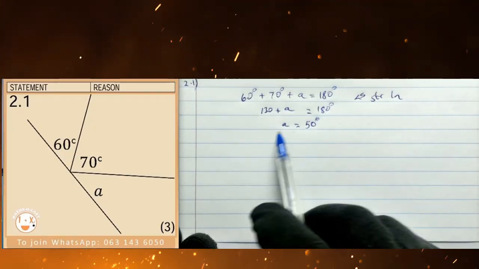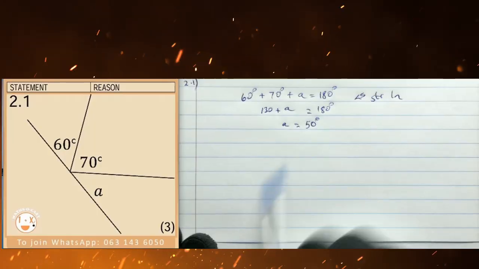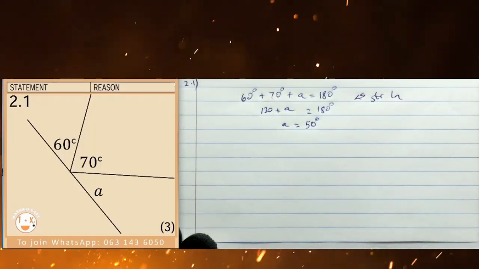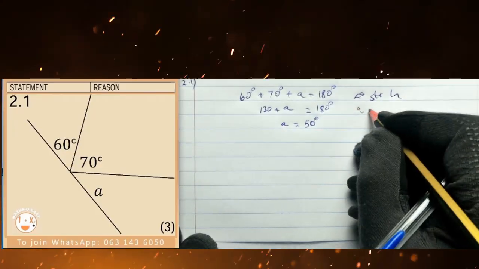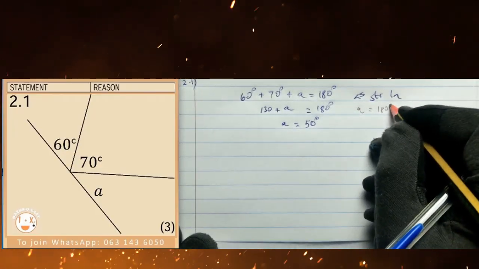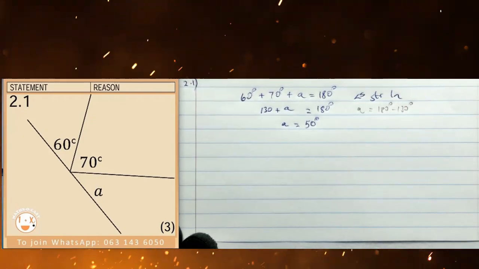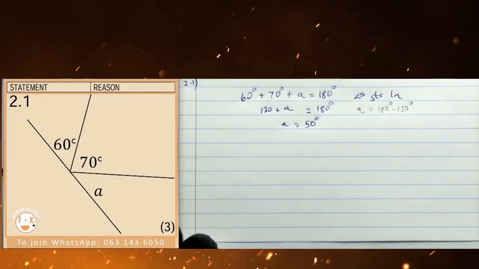Can you add another step here? Yes, you can add another step. So you can add the step that says A is equal to 180 minus 130. But is there a mark for that? I don't think so. Okay.